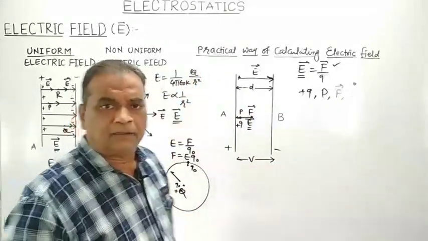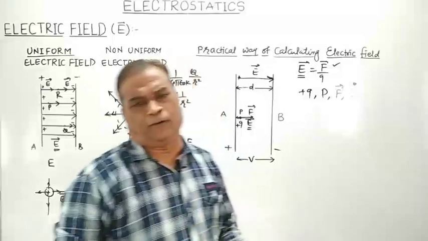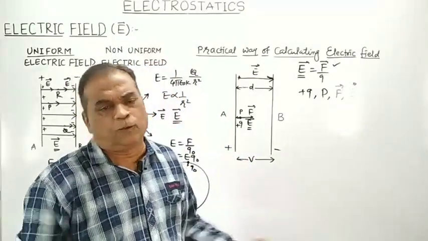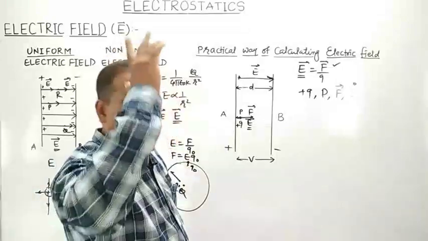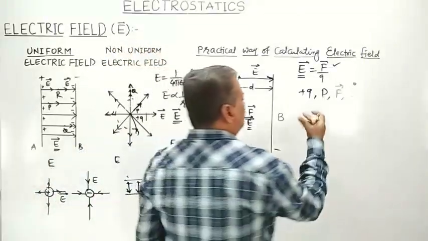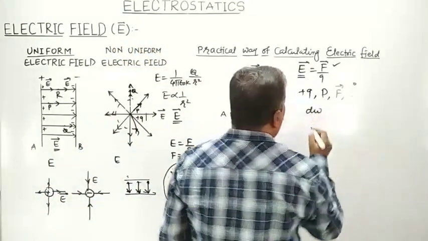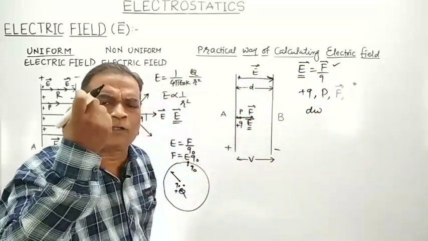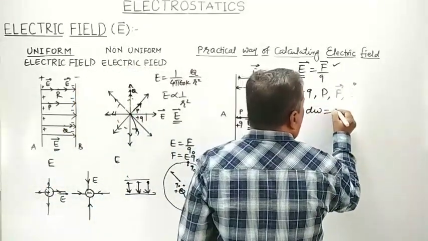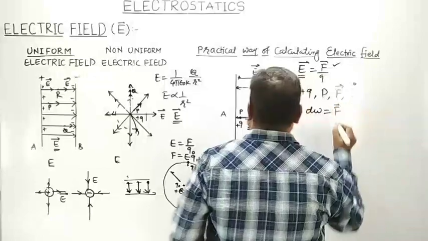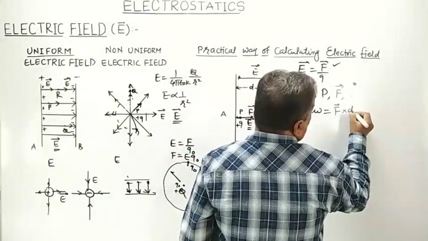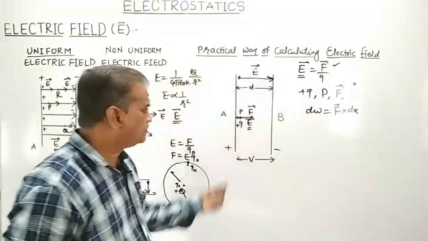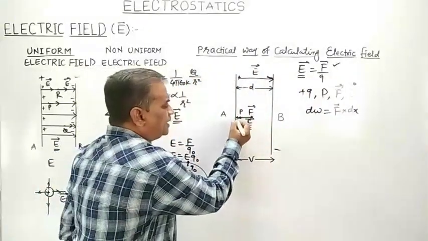It means I have to do some work to move the charge towards plate A. Some small amount of work must be done to move the charge, and if I say that dW is that small amount of work that must be done against the force F in order to move the charge through a small distance dx. This distance is dx.